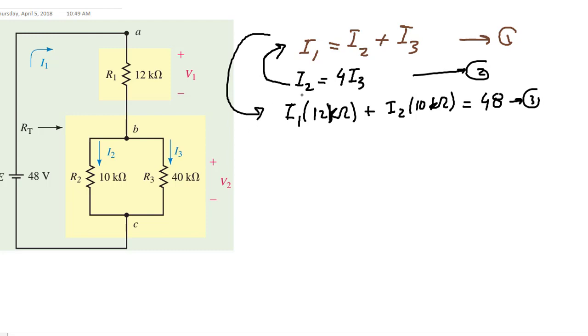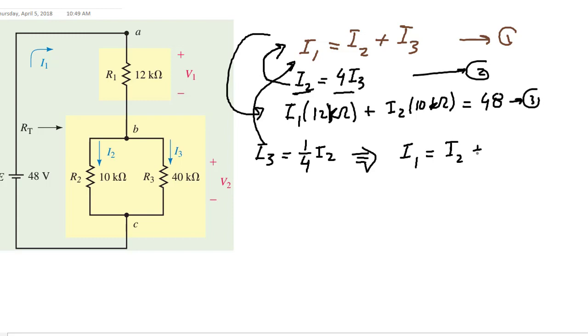Now, equation number 2 says that I2 is 4 times I3. That means that I3 is 1 over 4 I2. Since that's the case, we put that back in equation number 1, and we get that I1 equals I2 plus 1/4 of I2.